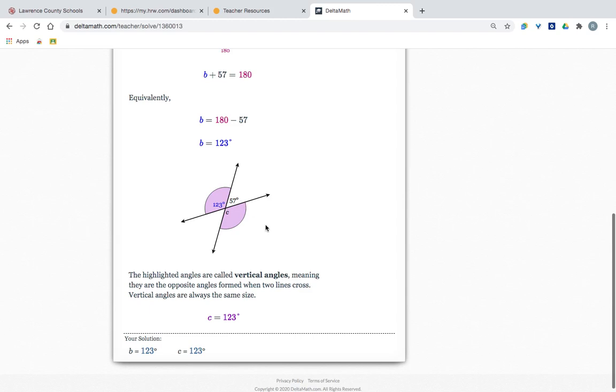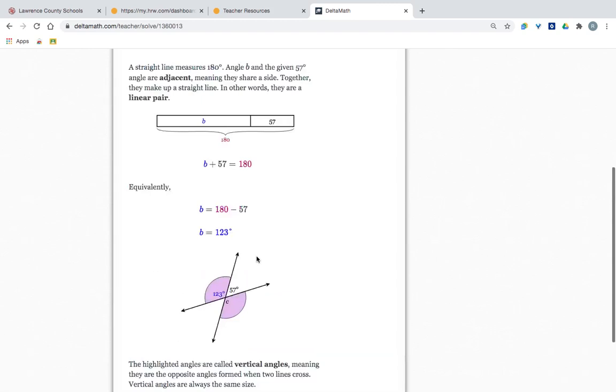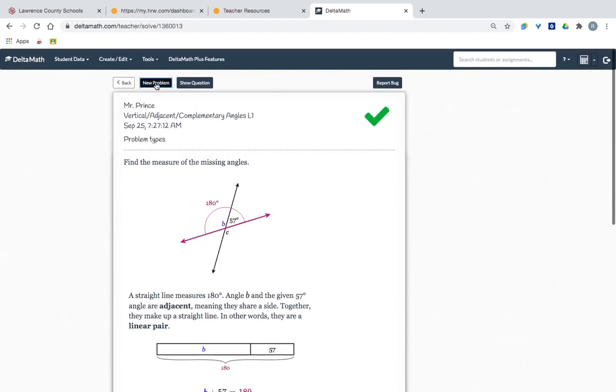So you might need to write some of this down. If not, you can just always play the video over. But we have 123 degrees here, so the vertical pair across from it is going to be exactly the same. If we were asked what this angle was, it would be 57. It's going to be the same as this angle, right across from each other. So they're vertical pairs, and they're going to be equal.